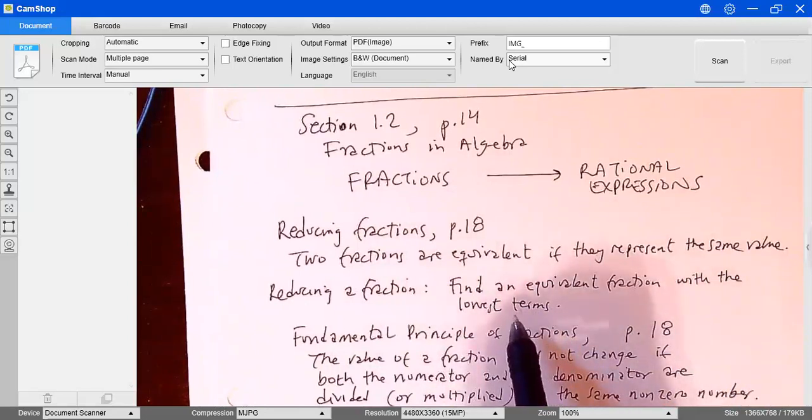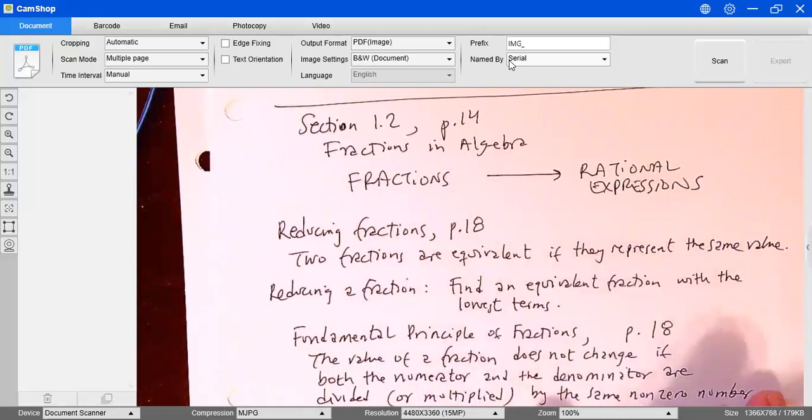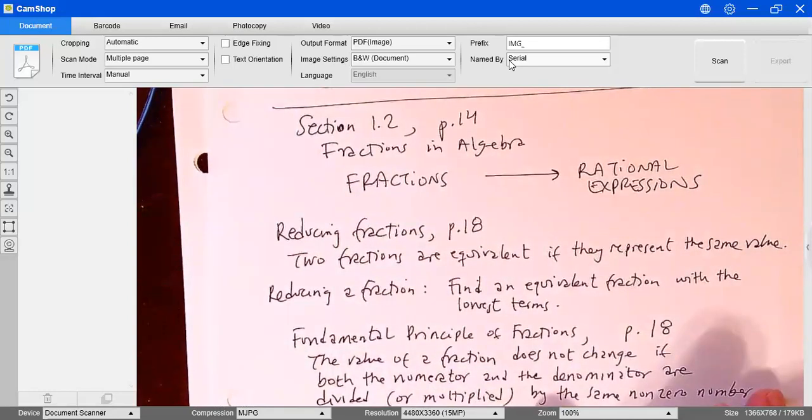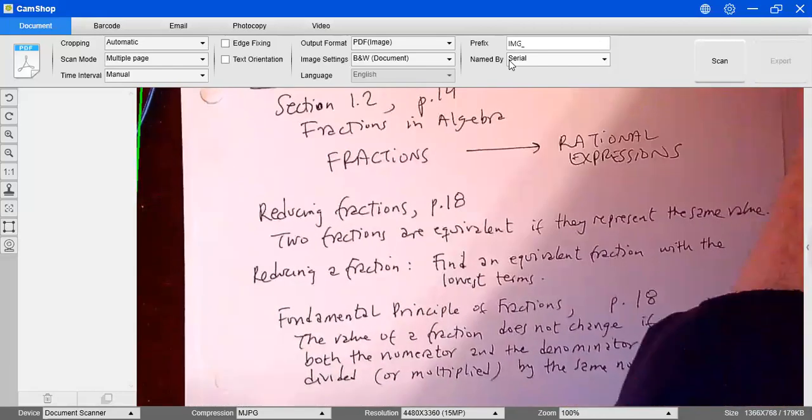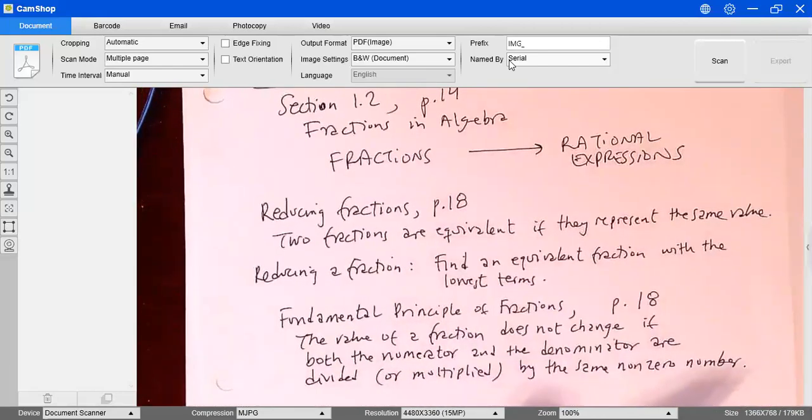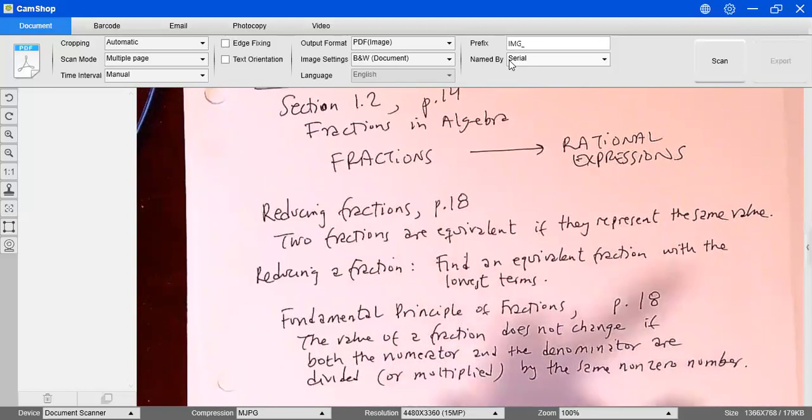So we need the numerator and the denominator written with the lowest values possible. To do that, we need to base our work on a fundamental principle of fractions that is also described on page 18. I just copied from that for your notes.